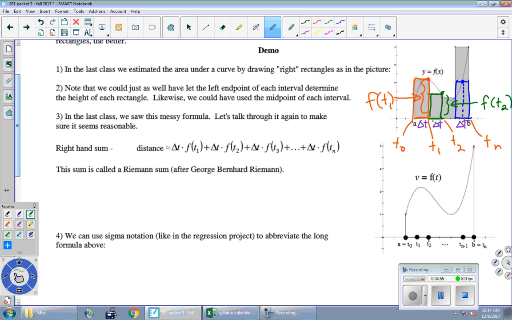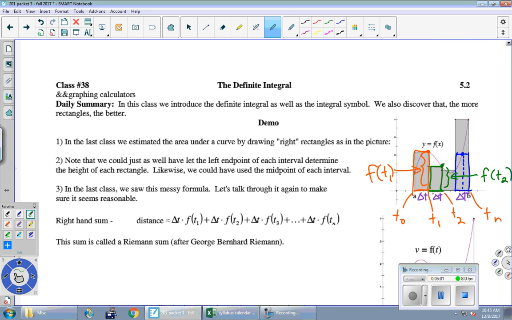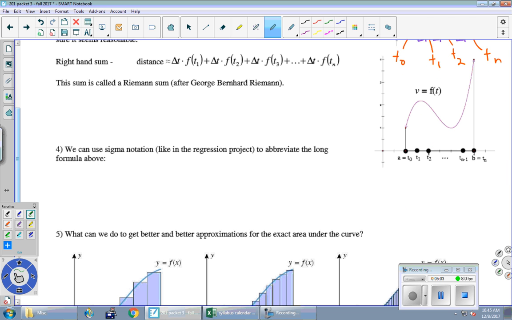Okay, so we can abbreviate this thing right up here using sigma notation. Do you guys remember that from the regression project, the data project? Because all of these terms have a very similar format. So let's see if we can capture what's the same and what's different.